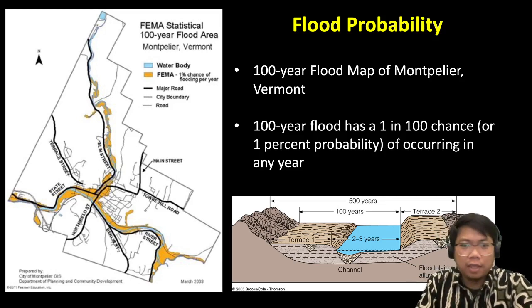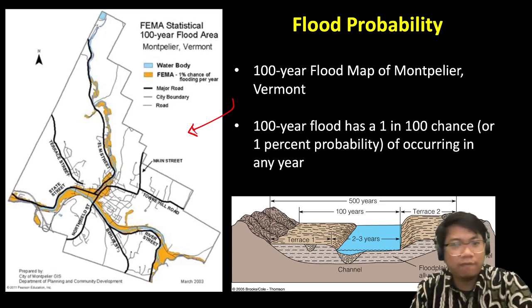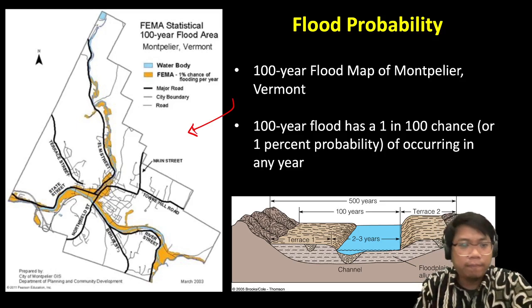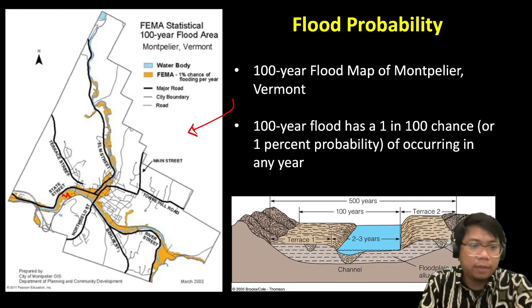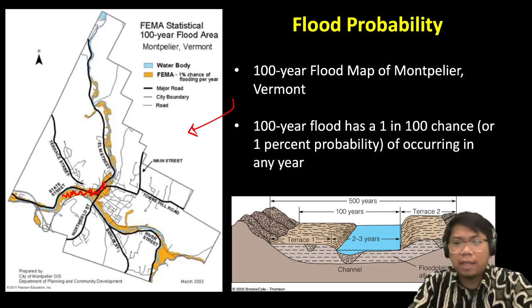This is the 100-year flood area that could happen in Montpelier. The yellow areas represent the 100-year flood event, and a 100-year flood again has a 1 in 100 chance of occurring in any year.